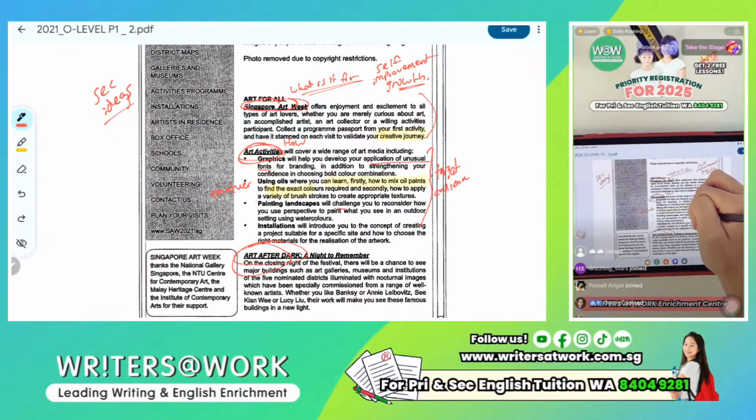Over here, it will challenge you to reconsider. So you can see that the first and third activities are more geared towards people who probably paint during their free time and know what they are doing. So it's this kind of appreciation of the content that is important.